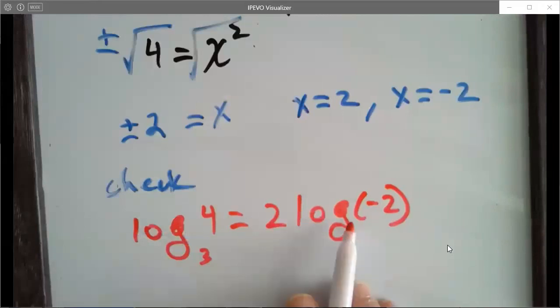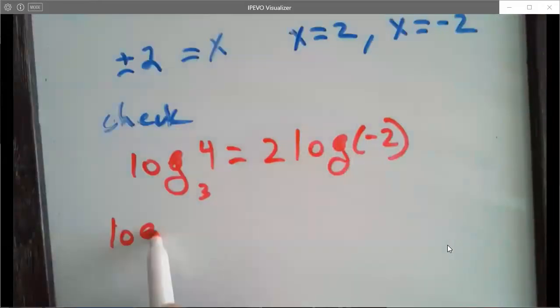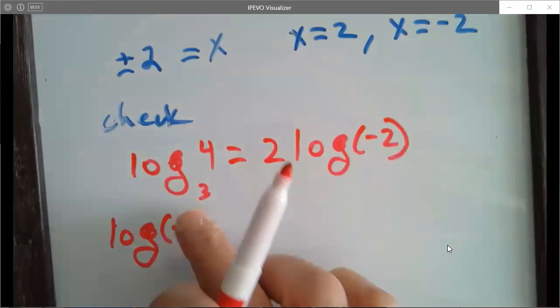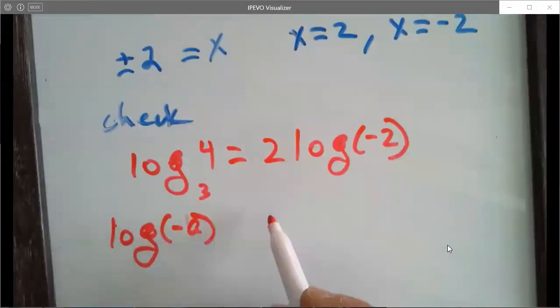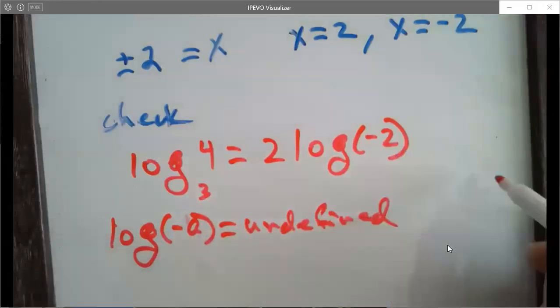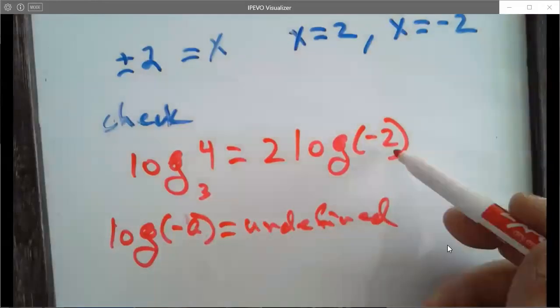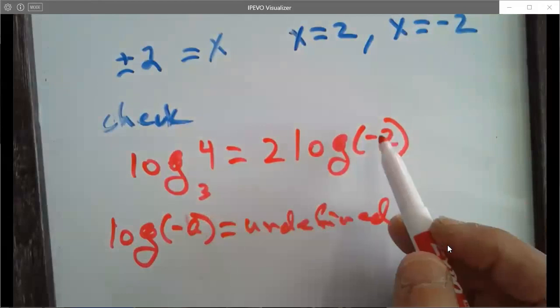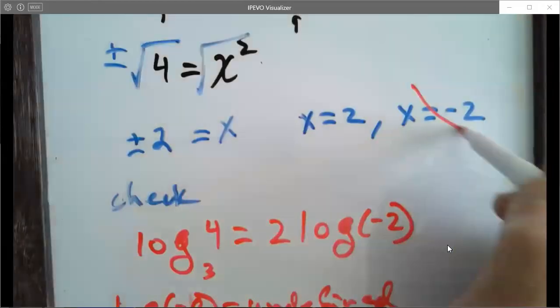With the properties of logarithms, the log of a negative number, any negative number, is undefined, because it's outside of the domain. You can't have a negative argument in the original logarithm. So therefore, negative 2 is no good.